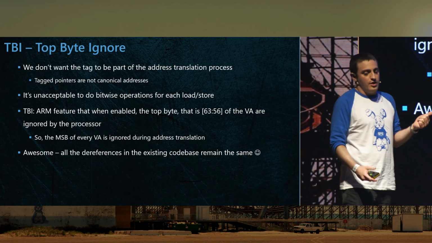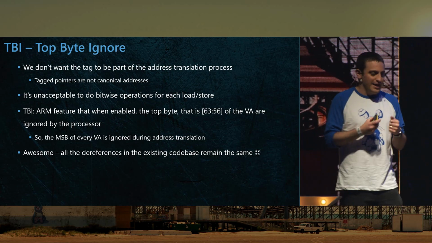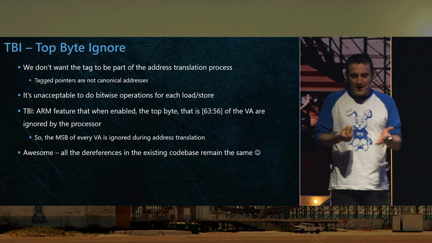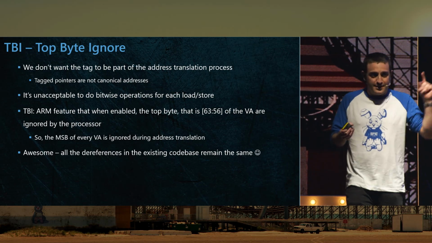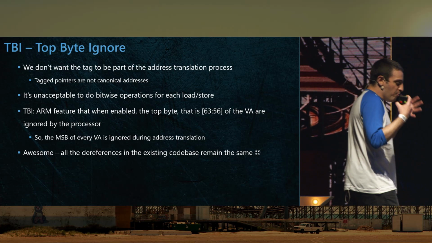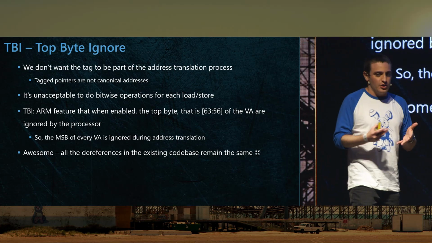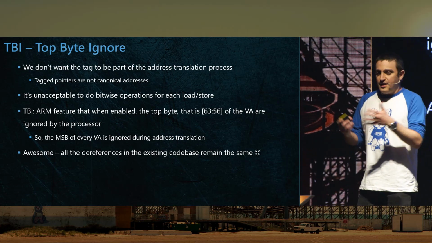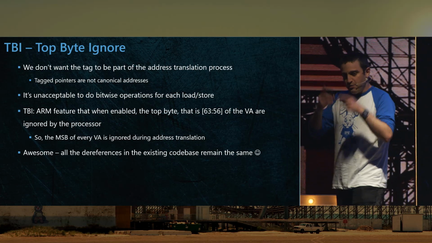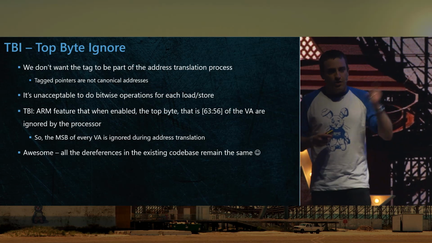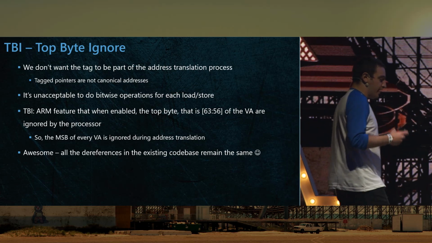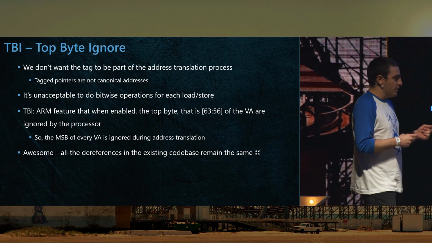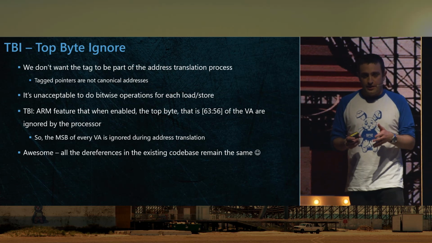Okay, so this is really cool, but clearly you cannot just dereference these tagged pointers, right? They are not canonical addresses. You will segfault. These tags at the MSBs will mess up the address translation process. And it's unacceptable to expect people to do all of these bitwise operations before every single load and store. This is why we have a great CPU feature from ARM called TBI, or Top Byte Ignore.